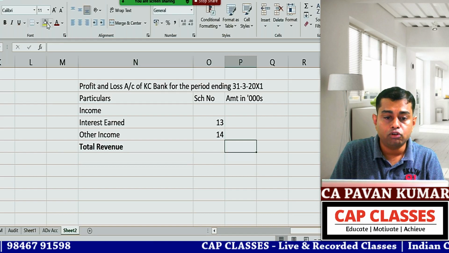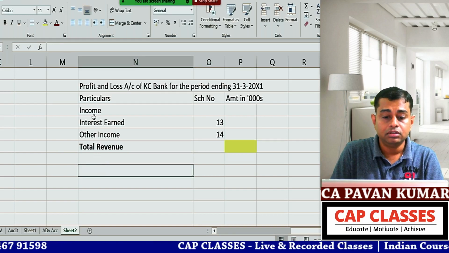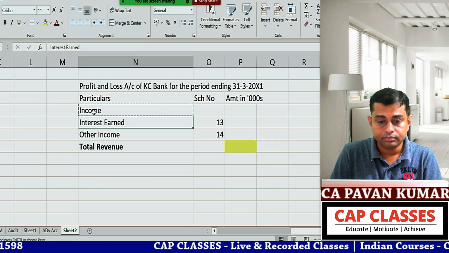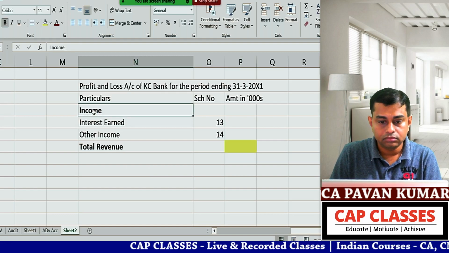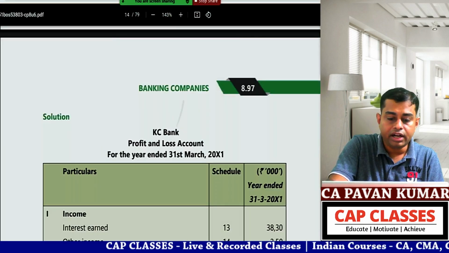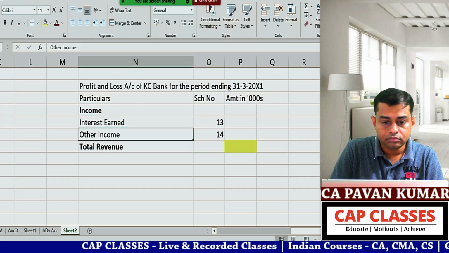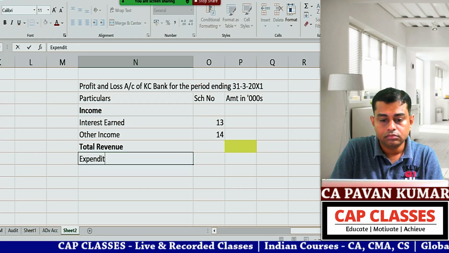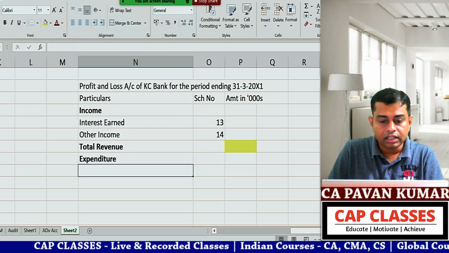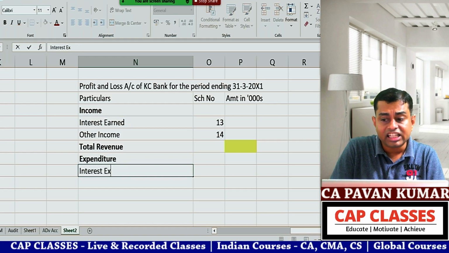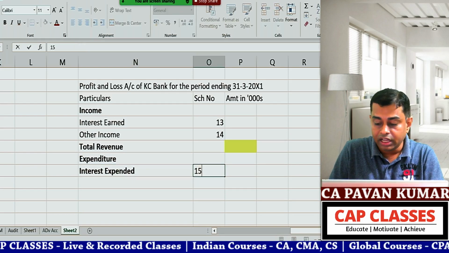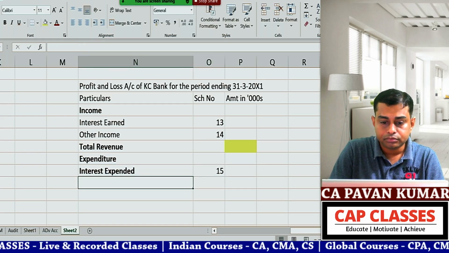This is the amount. Line gap. Then expense. Then you write expenditure. Under that, first one is interest expended, 15. What is the next one?